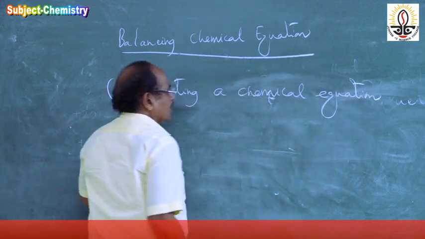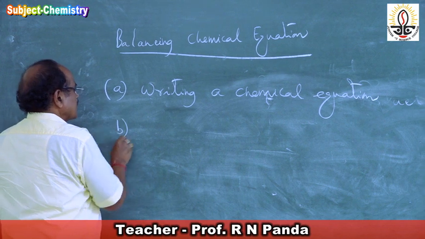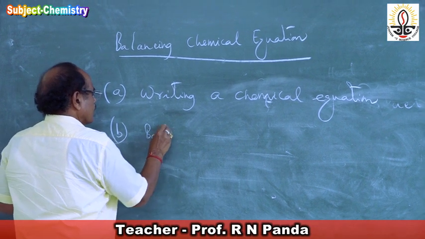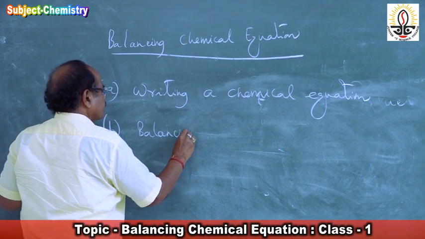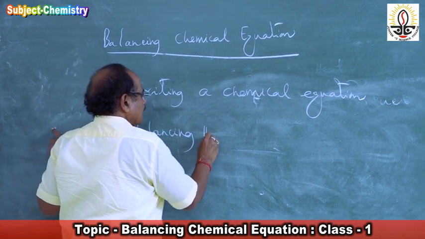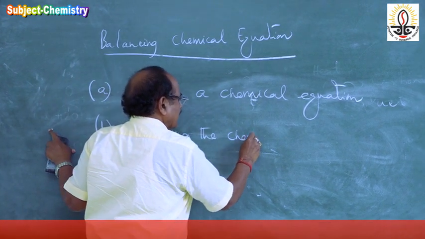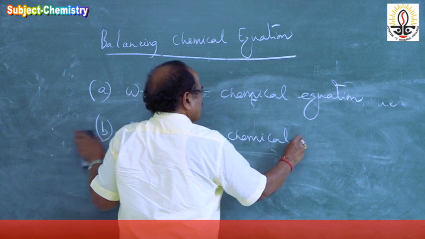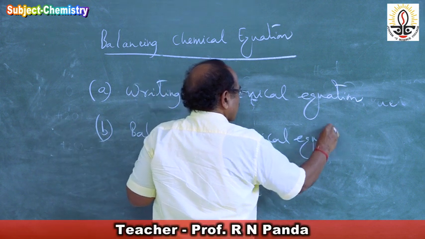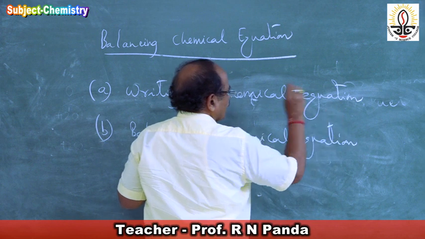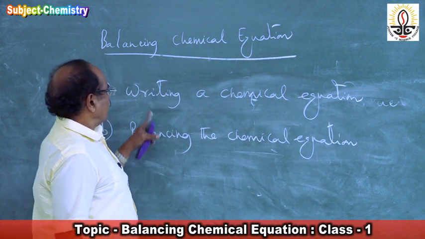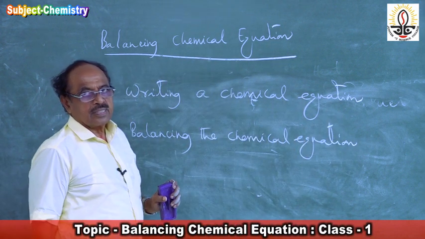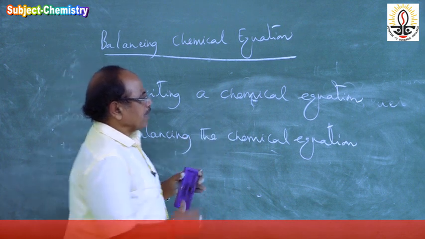After writing the chemical equation, then balancing the chemical equation in a proper form. So first, how to write a chemical equation?